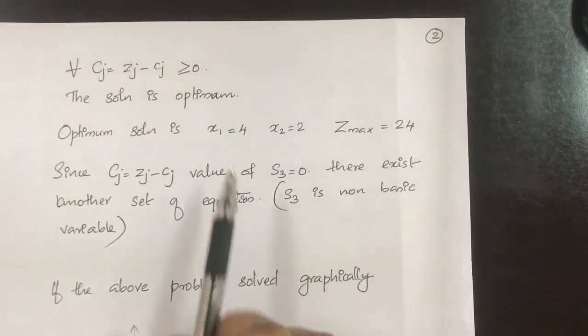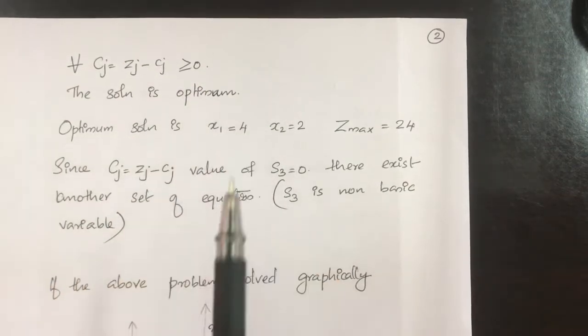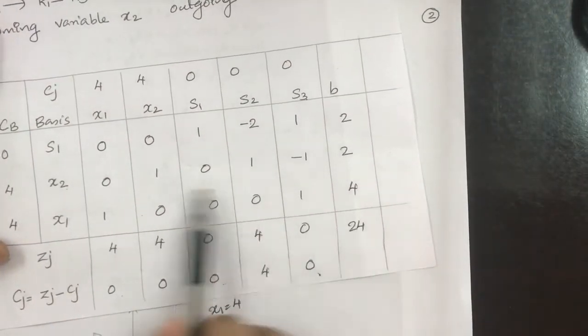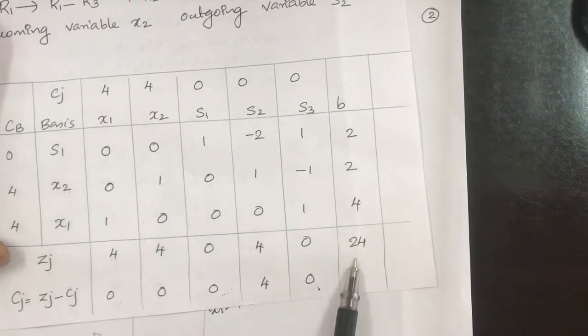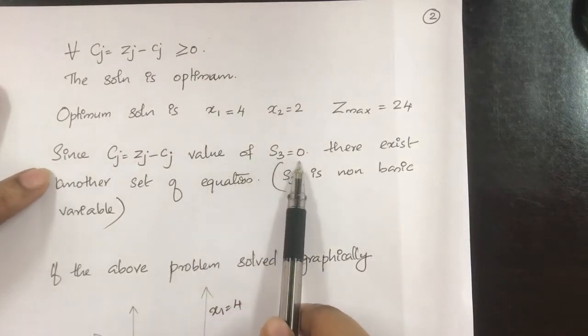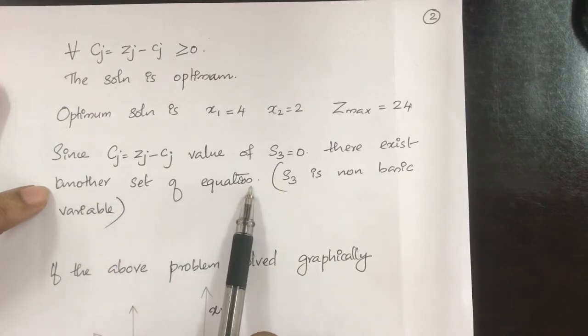Since all Zj minus Cj values are greater than or equal to 0, the solution is optimum. From the last table, we get x1 equal to 4, x2 equal to 2 and Z max equal to 24. Since one of the non-basic variables, that is S3, equals 0, there exists another set of solutions.